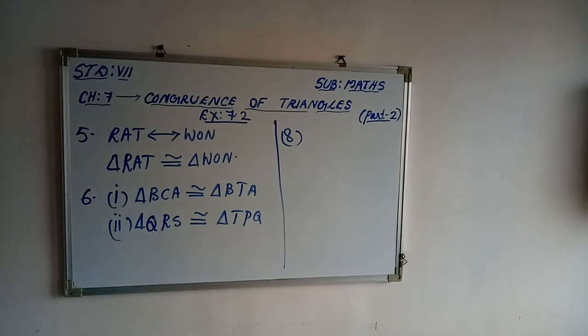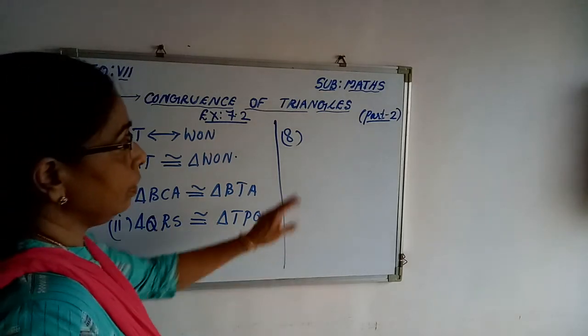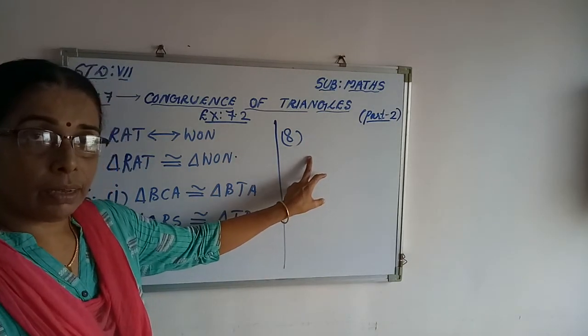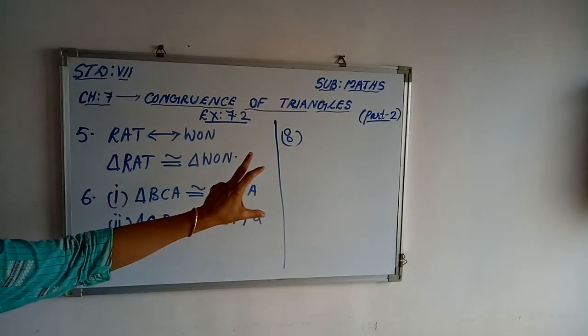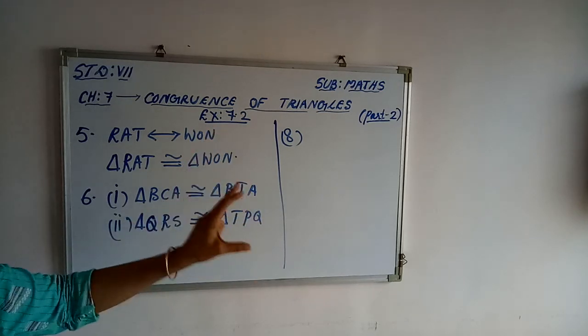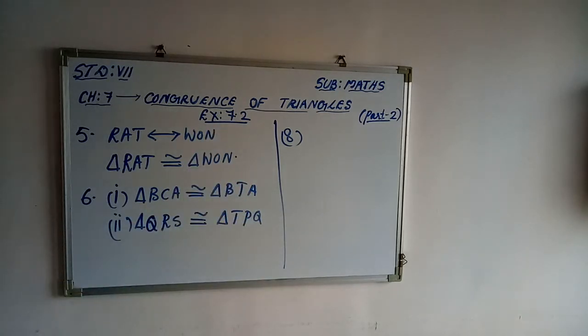Is that clear? So the question is, but still the triangles are not congruent. You know, it is not possible to draw such a triangle. I hope the reason is clear. There are 6 pairs of corresponding parts, and if 5 pairs are congruent, the triangles are congruent.